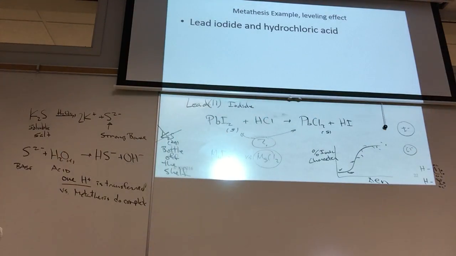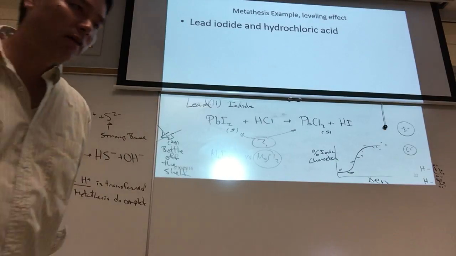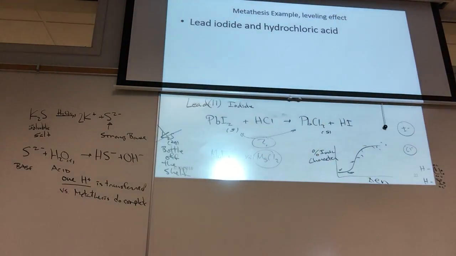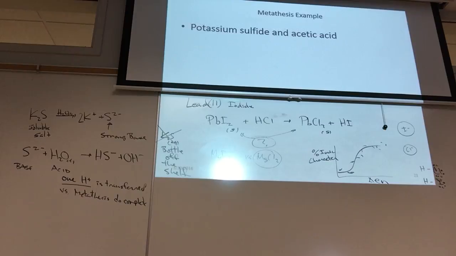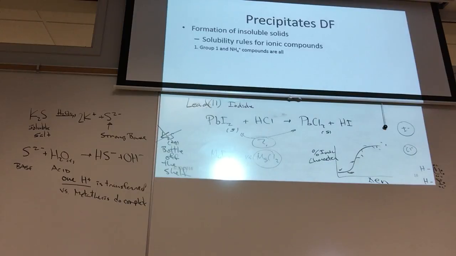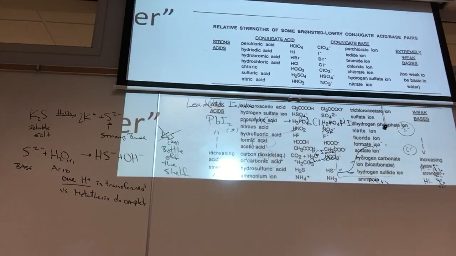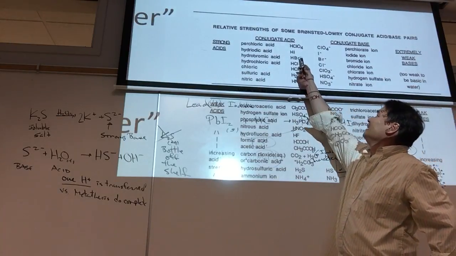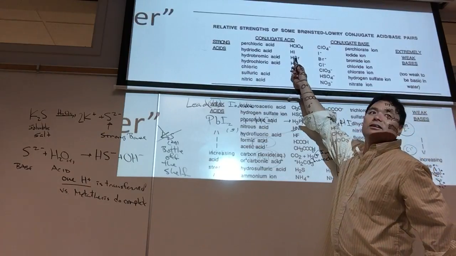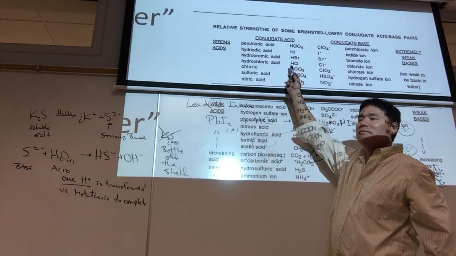But hopefully there's another driving force so we don't have to deal with this. And so what's the other driving force? Well, it's HCl versus HI. Which one's a stronger acid? Now that's simple. HCl versus HI. Looks like HI is a stronger acid, right?